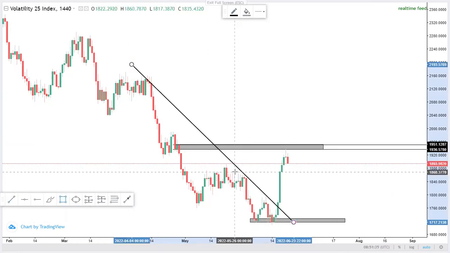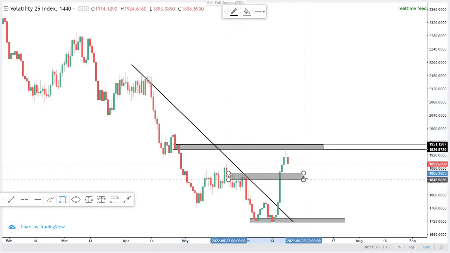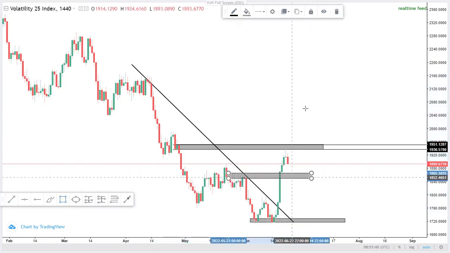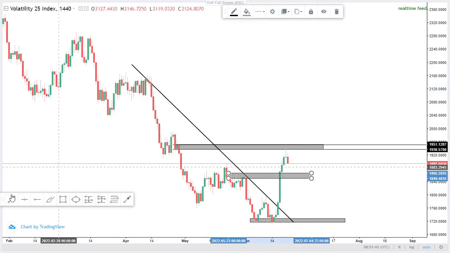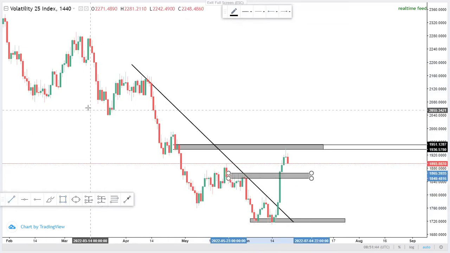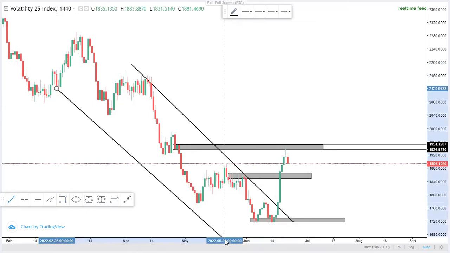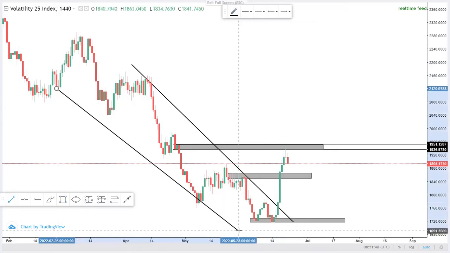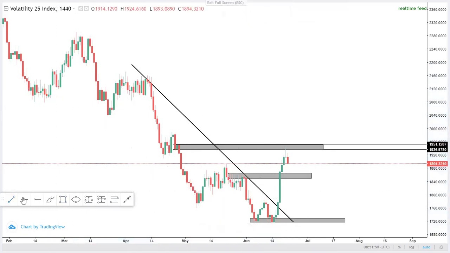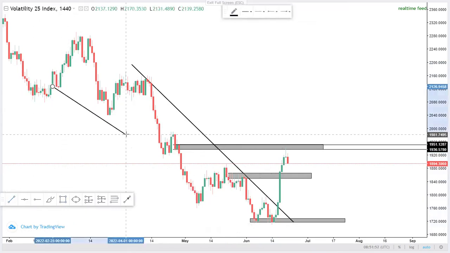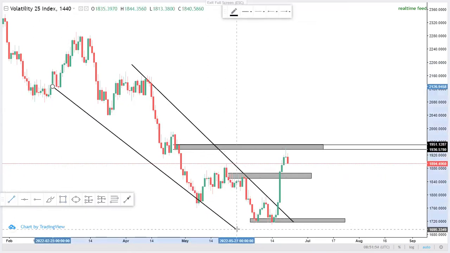It might retest this area and then continue to the upside. So on VIX 25, we are short-term bearish and long-term bullish.